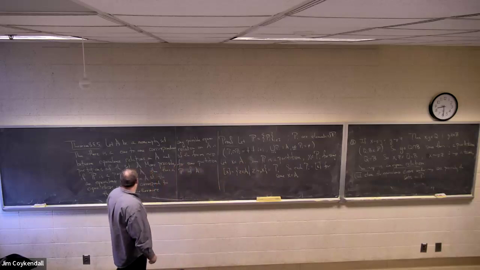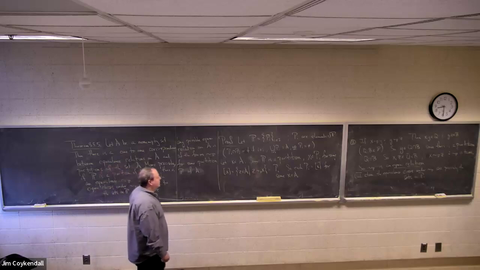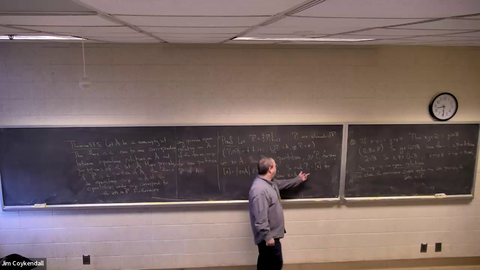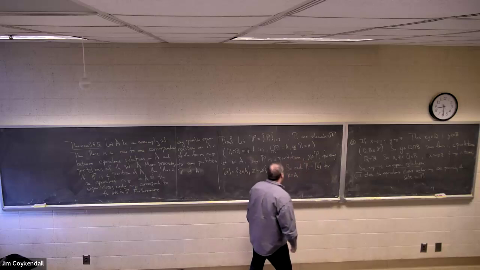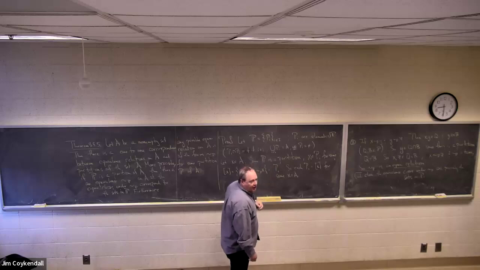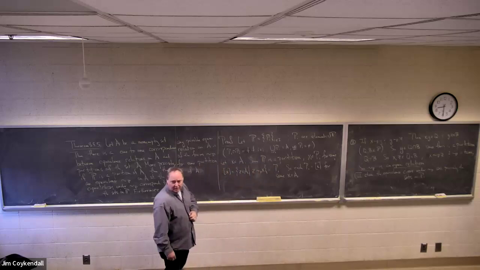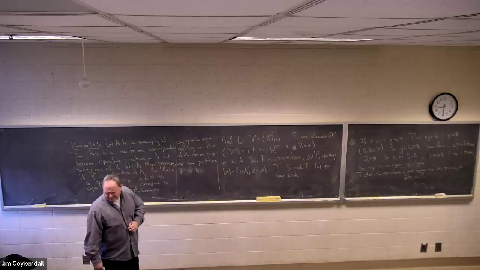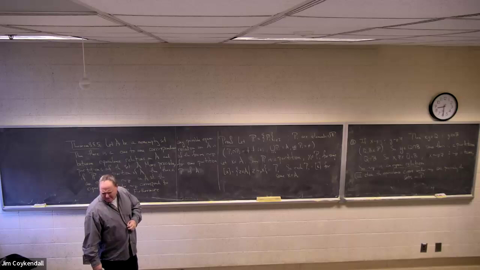And so there you go. So the P_i are the set of equivalence classes, and each element of A is in some P_i, so this exhausts all of them. Everybody okay with that?